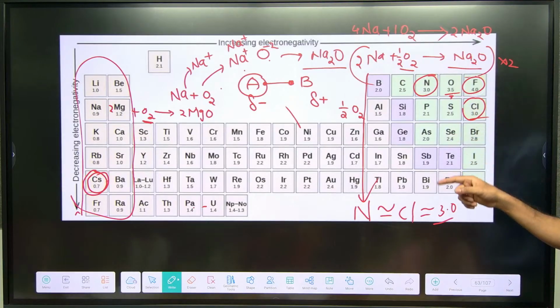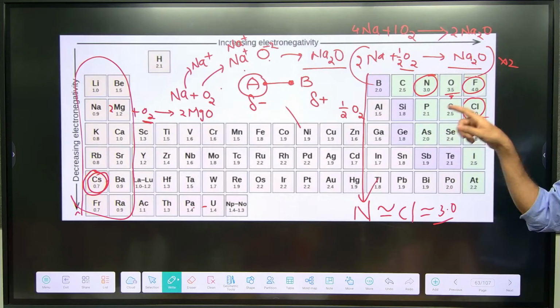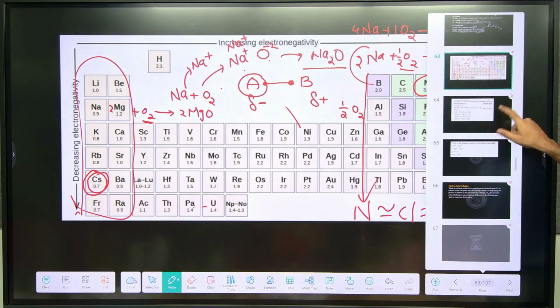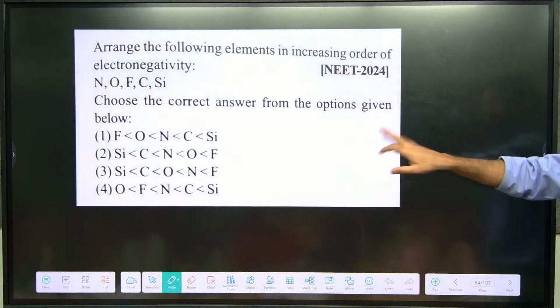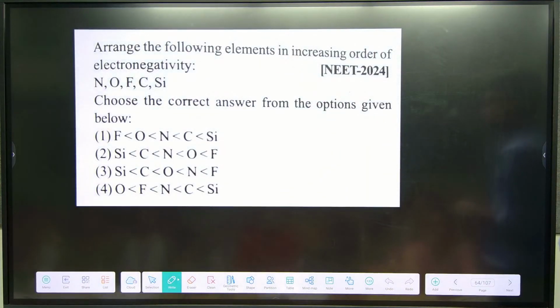Okay, so after the class, you can take these notes, this table. Okay, right. Give me this answer. Very simple, based on your table itself.